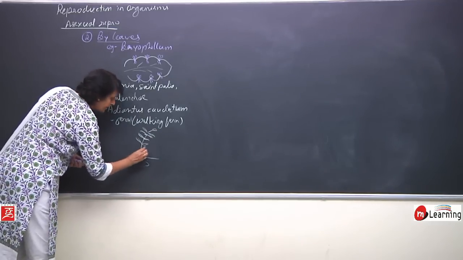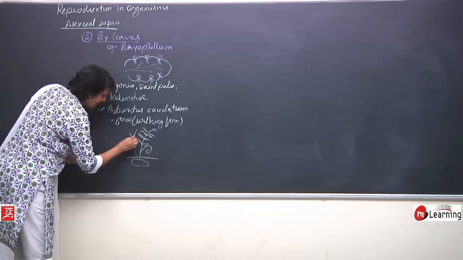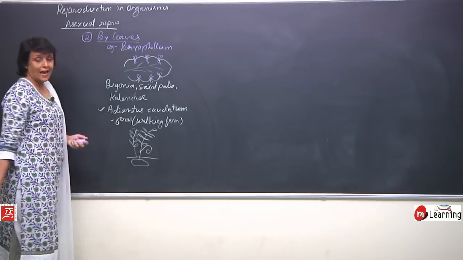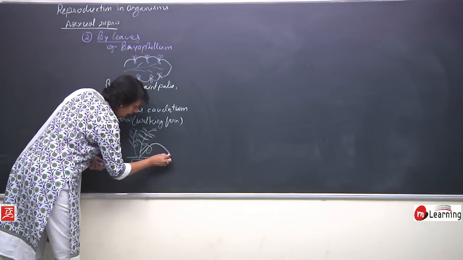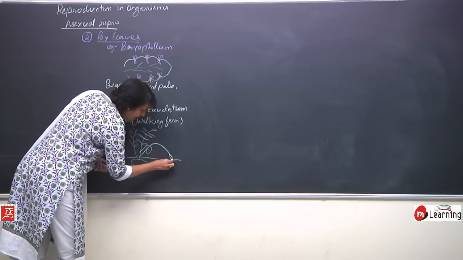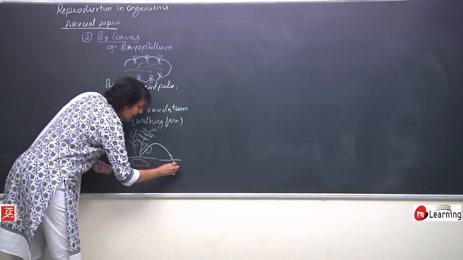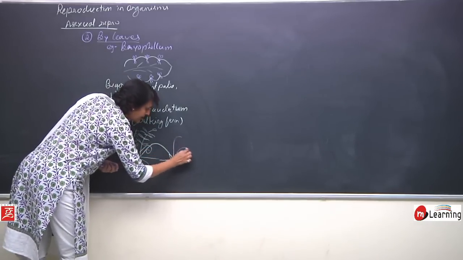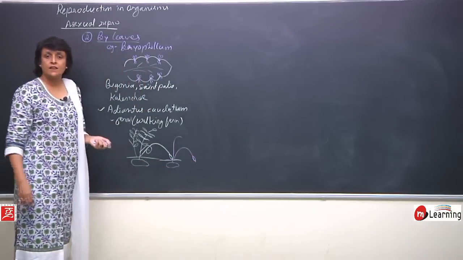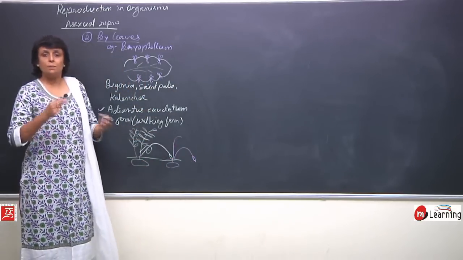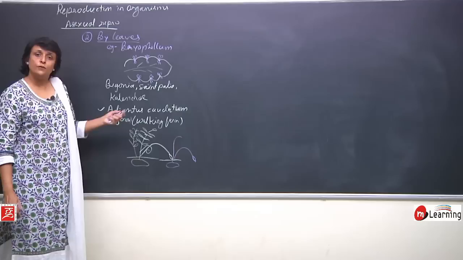In case of this Adiantum, the leaf bends and the tip of the leaf, when it touches the ground, gives rise to the next plant. So from here arises a new plant and the leaves. Again the leaf would bend and the tip of the leaf, when it touches the ground, gives rise to another plant. So it appears as if it is taking steps one after the other, and that is why the common name is walking fern.